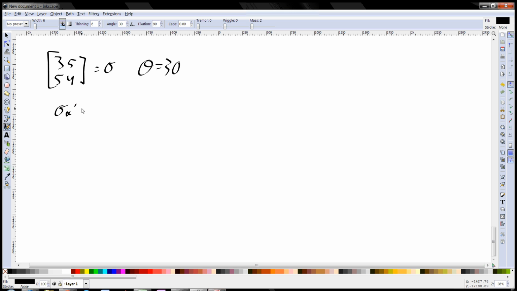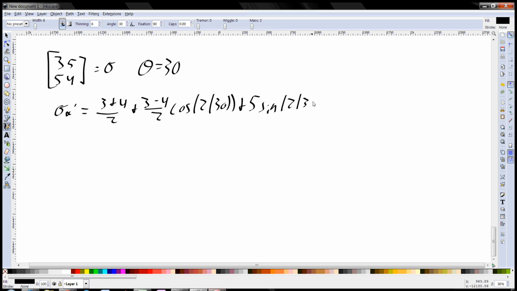Our new stress in the x is equal to 3 plus 4 divided by 2 plus 3 minus 4 divided by 2 times the cosine of 2 times 30 plus 5 times the sine of 2 times our angle 30. And that comes out to 7.58.